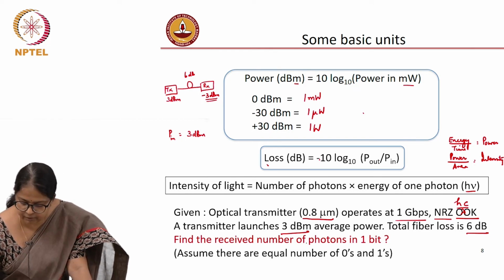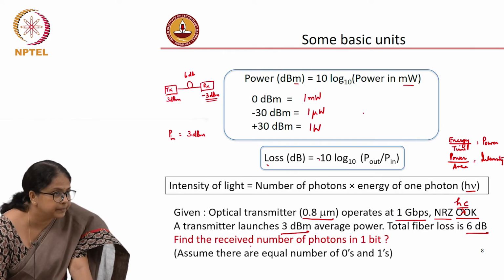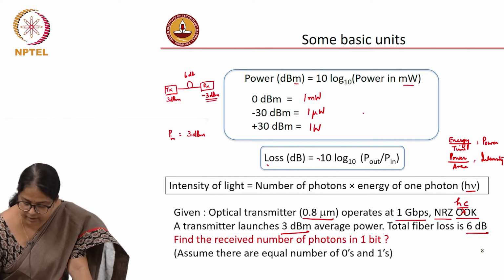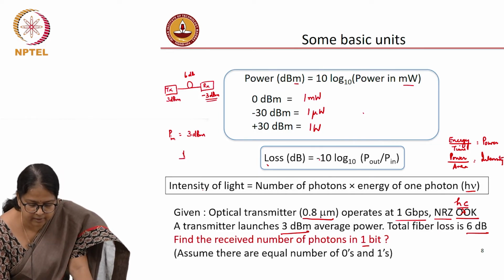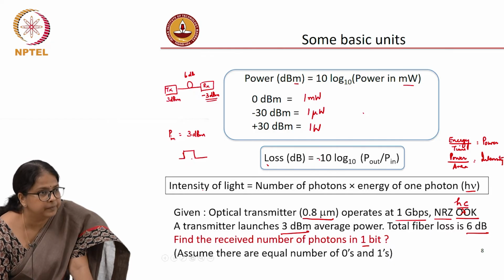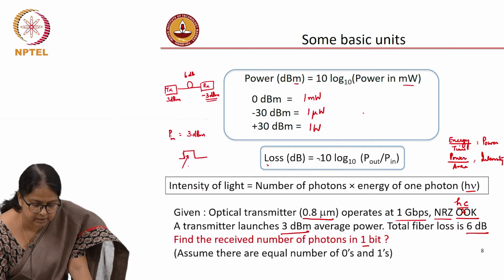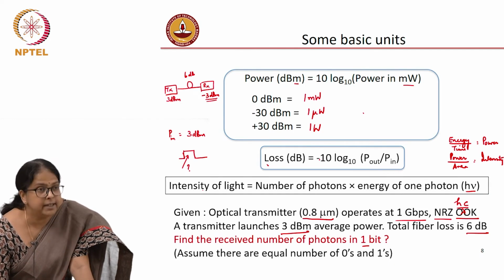The question is, we want to find out the number of photons in 1 bit. When I say 1 bit, it actually means bit 1. So, there could be a bit 1 and a bit 0, right. You want to find out how many photons are there in this bit. Remember, this is average power.